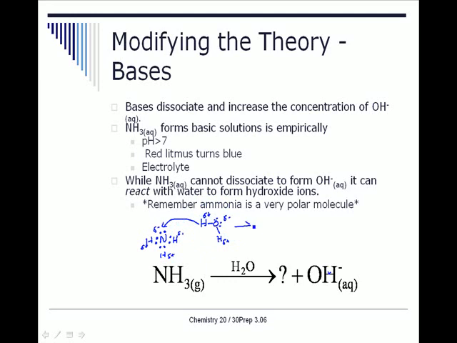So what can happen after the reaction, or if a reaction is going to happen, is we can actually get an ammonium ion and a hydroxide ion. So one hydrogen is going to come off of that water, and this molecule here is going to be positively charged. Our water molecule now is going to be negatively charged, as it's lost its hydrogen.